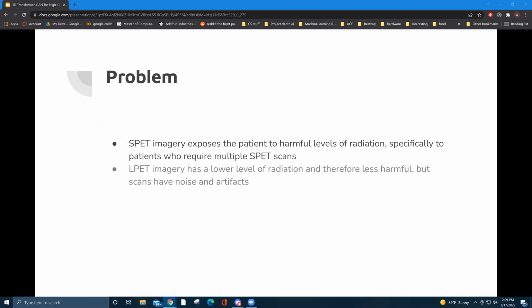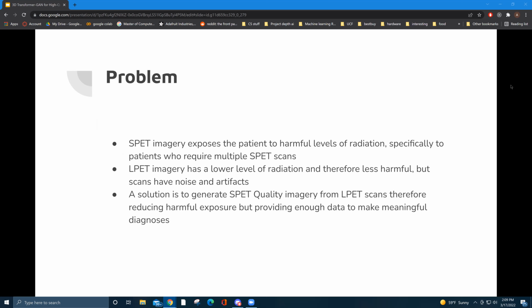And LPET imagery has the opposite effect, where it's a lower level of radiation, but there's more noise and artifacts in the image, so it may lead to improper diagnosis. So a solution would be to generate SPET quality imagery from LPET scans. Therefore, you have less harmful exposure, but you're able to have enough data to make a good diagnosis.